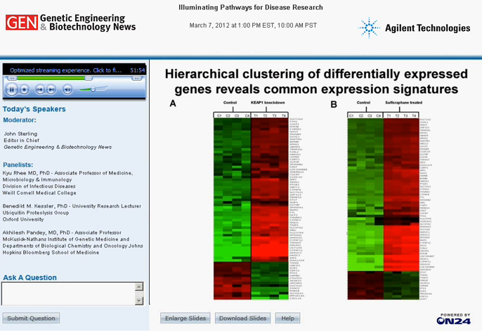This slide shows hierarchical clustering of some of the differentially expressed genes from the KEAP1 knockdown experiment on the left and the sulforaphane-treated experiment on the right. The panel on the left shows 4 biological replicates for control siRNA and 4 biological replicates of the KEAP1 knockdown siRNA.